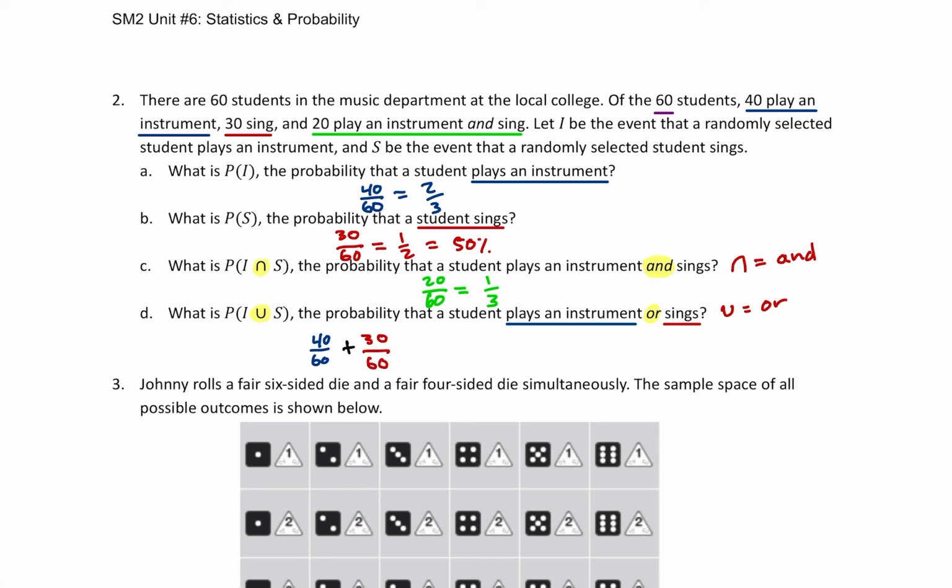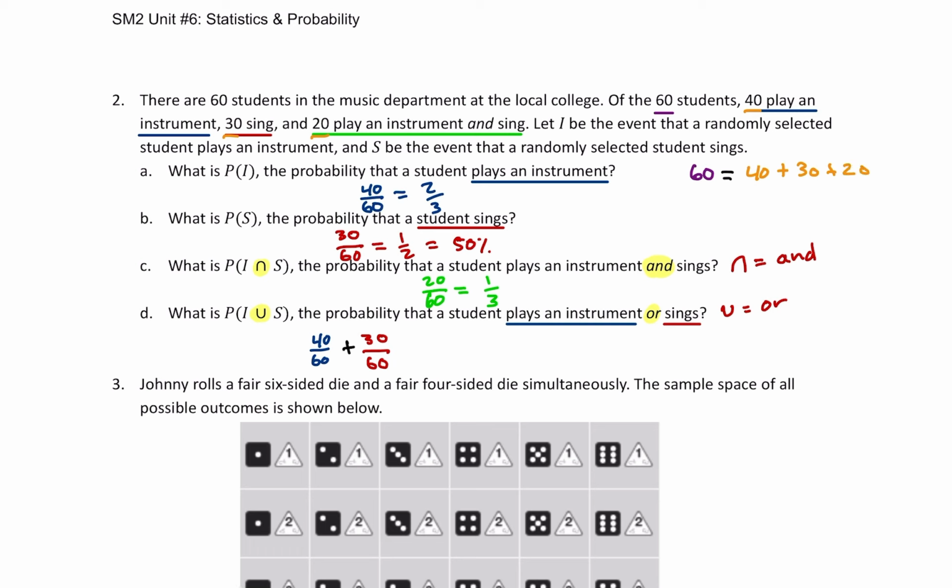And now I need to decide, are they mutually exclusive or not? One way to find out is that my total, or 60 in this case, should equal all my other numbers combined. So it should equal my 40 plus my 30 plus my 20.